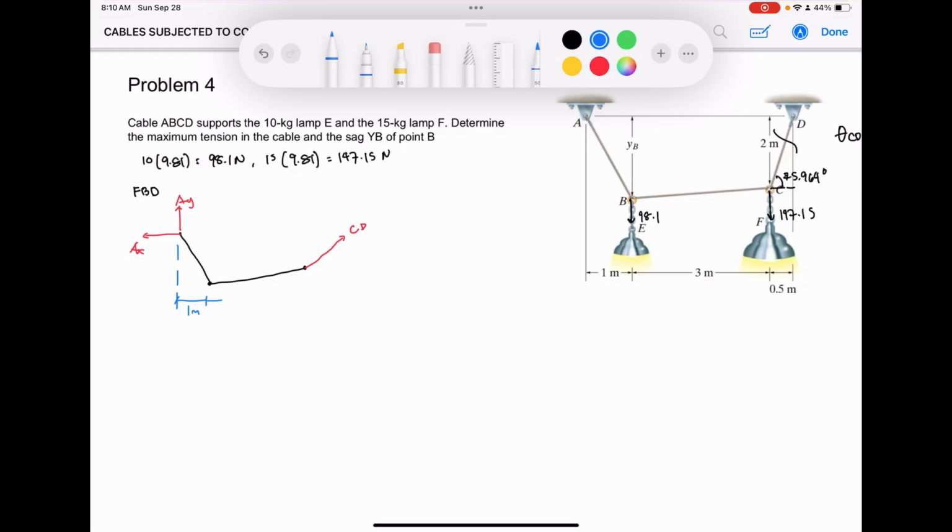Then we have 3 meters. Then we have 2 meters.